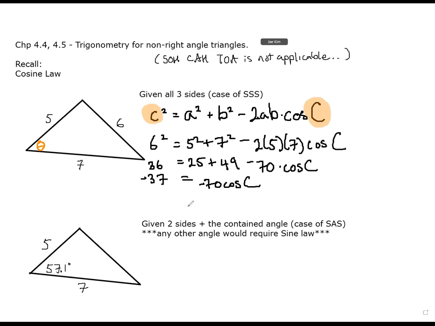I just got to check. Give me a second. Let's see. So we've got 36, subtract 25, and subtract 49, negative 38. You are right.